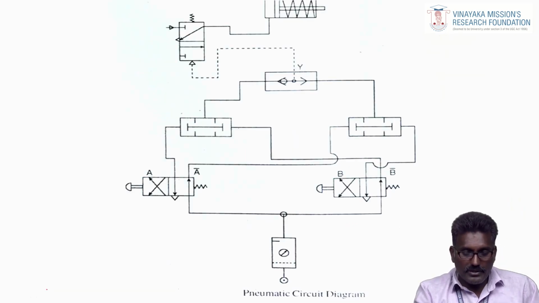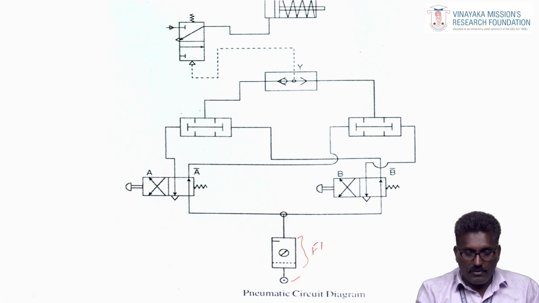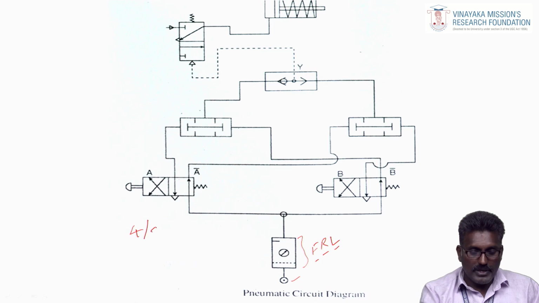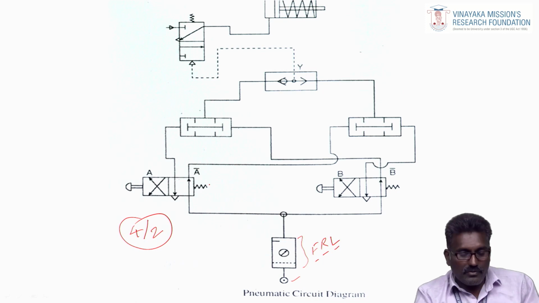The corresponding pneumatic circuit: in this pneumatic circuit, there is the compressor, the F.R.L., filter regulator lubricator unit connected, and the push valves 4/2. Why is it called 4?